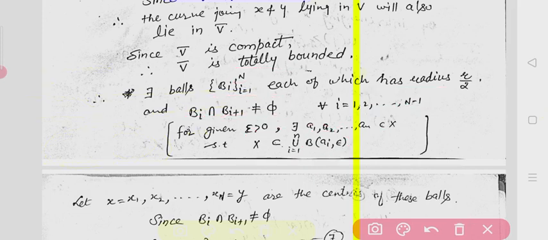Okay, so we have these n balls which are disjoint having radius r by 2.